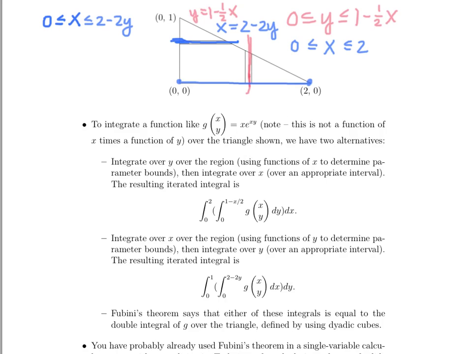The next thing that we want to do is the same thing that we did for x. Remember our second step when we integrated in this order, when we did y first and then x, was we found the bounds for y using functions of x, and then we projected onto the x-axis. Now we found the bounds for x using functions of y, and then we want to project this triangle's shadow onto the y-axis. What does that look like?